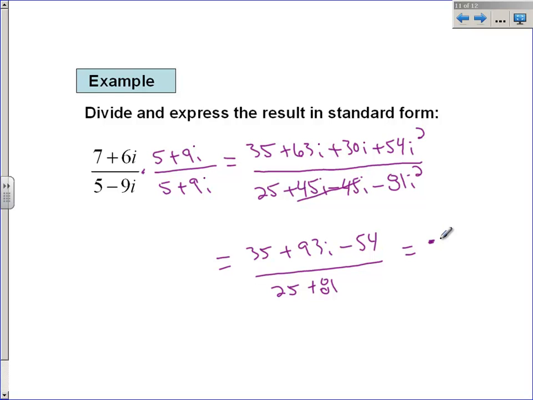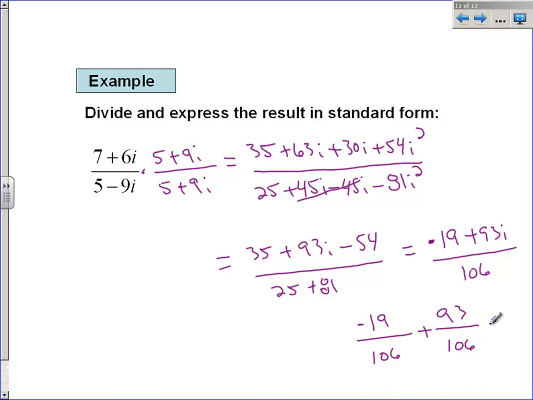That's a negative 19 plus 93i over 25 plus 81. That's 106, right? Okay. Now we're going to separate this into its real part and its imaginary part. So negative 19 over 106 plus 93 over 106i.